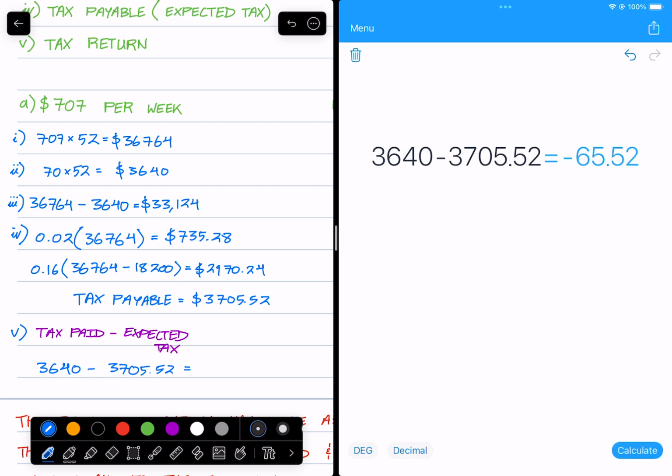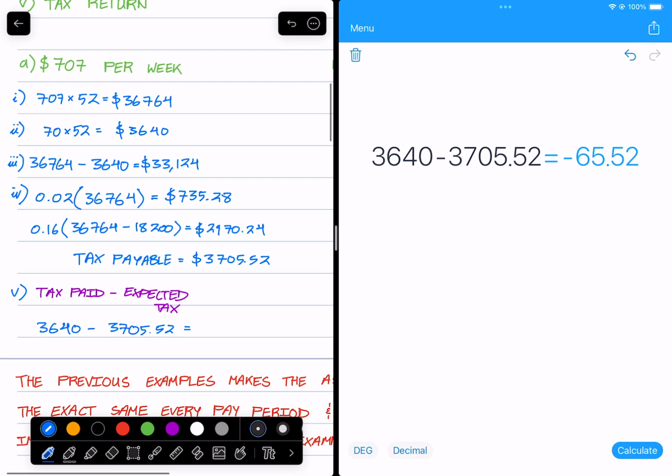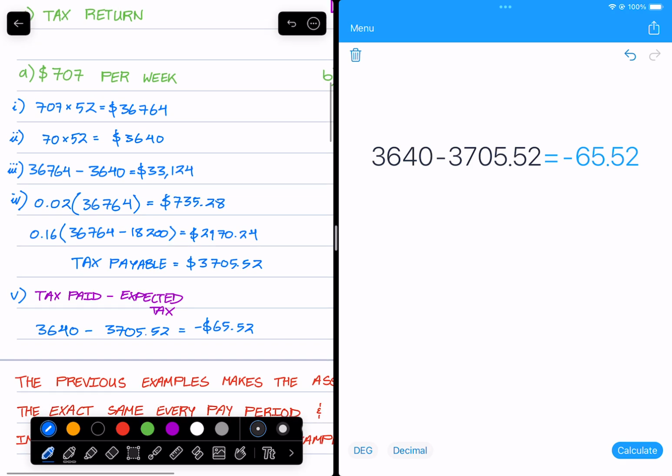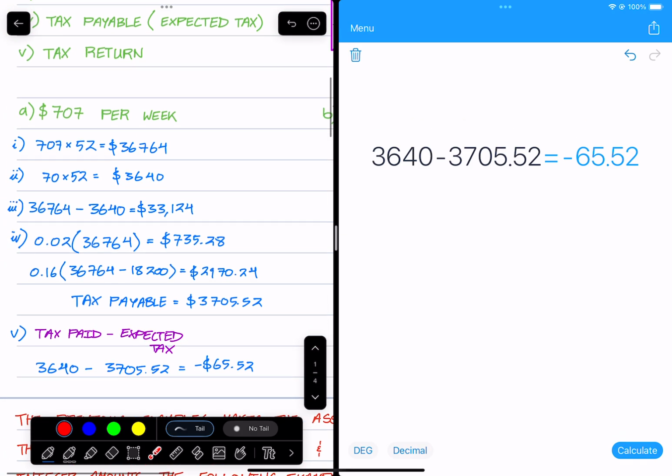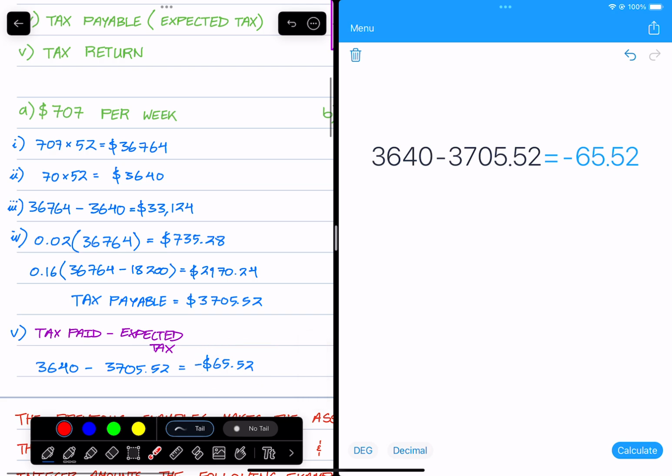So 3640 minus 3705.52. This person, unfortunately, is expected to pay an extra $65 to the ATO. So $65.52. So as you can see, this person, even with their PAYG, they are about one income short, because it's $70 every week, one income short throughout the year.